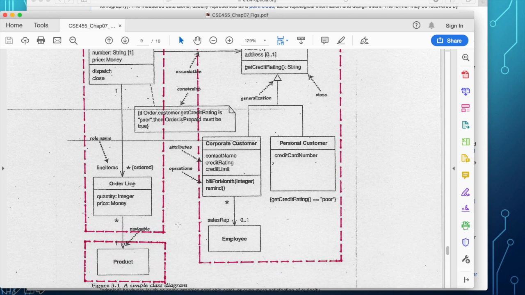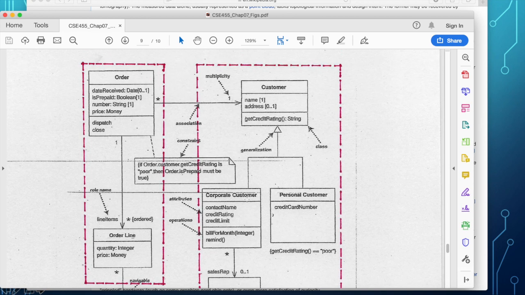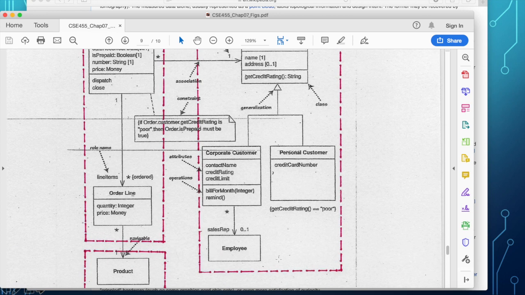And you see here that employee, which is another class, is also kind of related to this inheritance that you see over here. So it's very logical to draw a boundary around all of this set of classes.